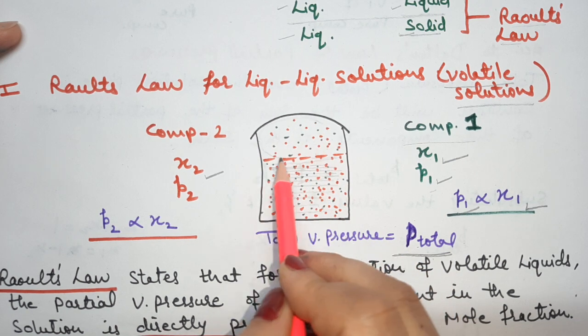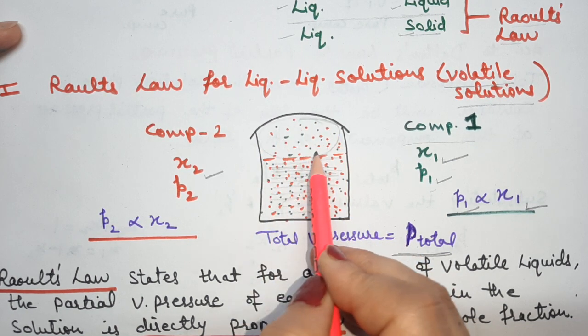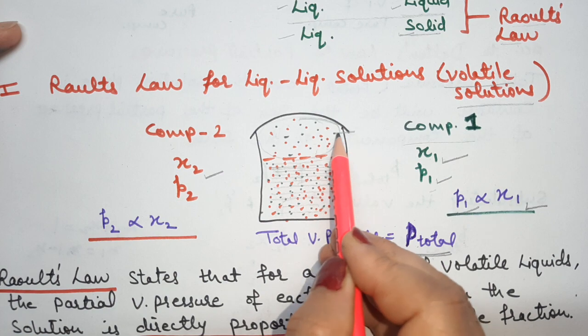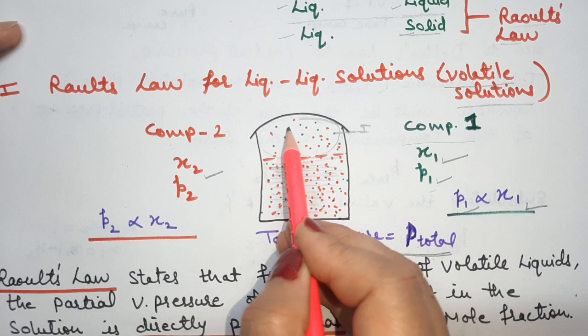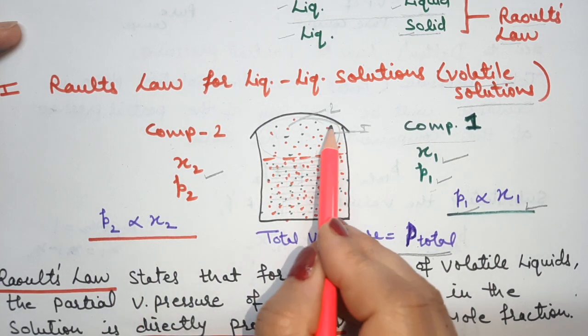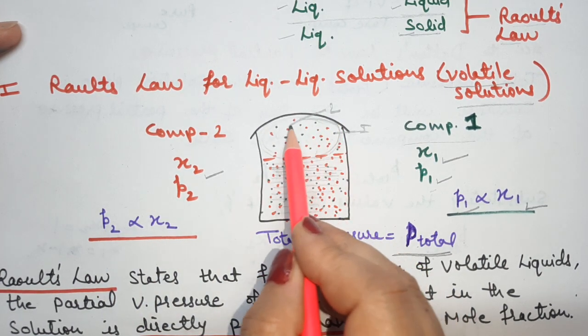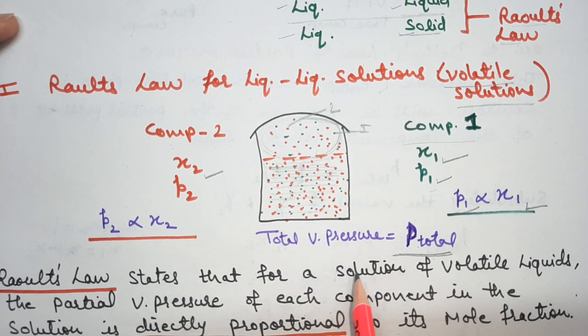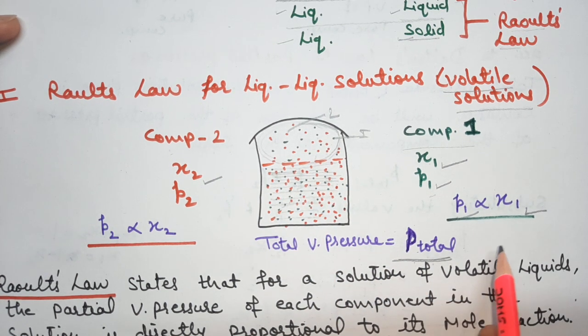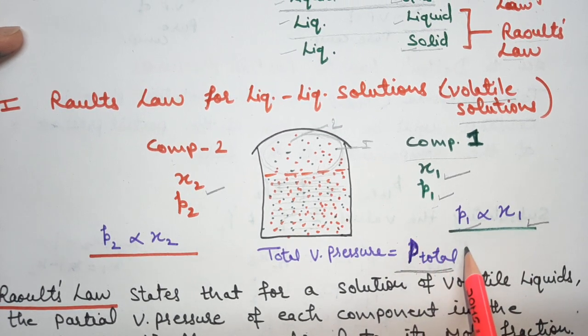In the vapor phase, vapors of component 1 are there and vapors of component 2 are also there. Whatever total pressure is exerted by both of these components is the total vapor pressure. So this is according to Raoult's law.